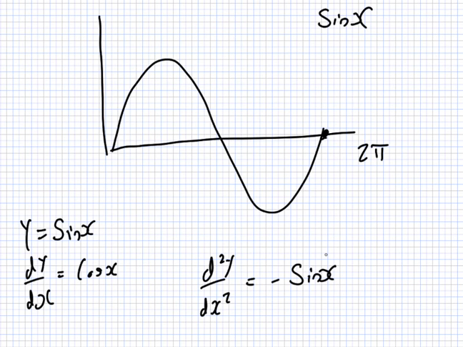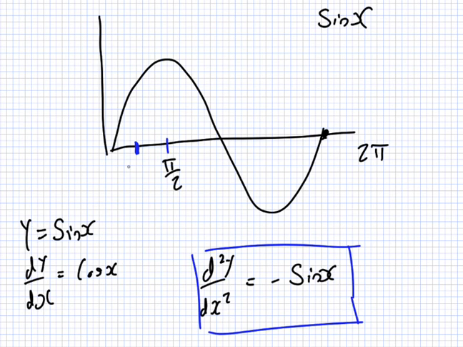Now in your calculator on radian mode, I want you to type into the second derivative, let's see, here is pi over 2, so I'd like you to type in pi over 4. The answer should be negative. So what do you get?